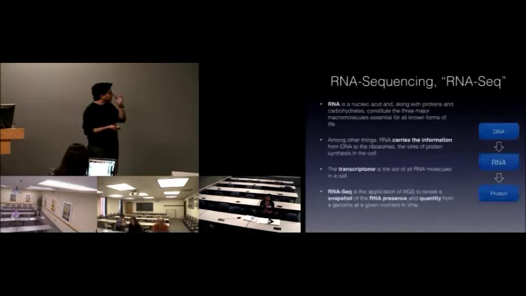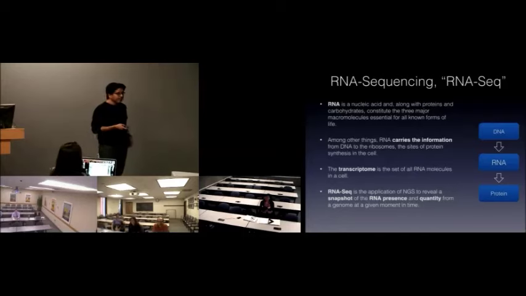And so what's RNA? If we look at the typical textbook example of what the workflow is for transforming a DNA into an actual protein, you go through DNA, through RNA, and through protein. Now, this is not really accurate because you can also go from RNA to DNA, but this is the basic workflow.